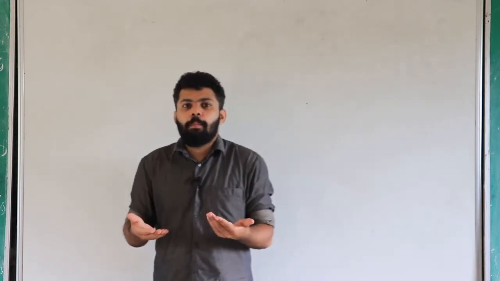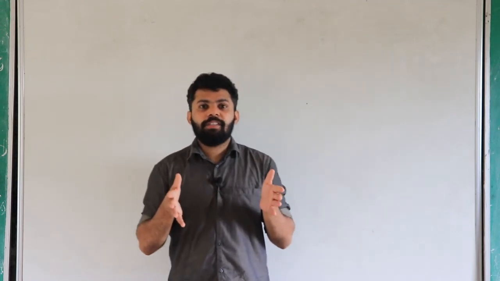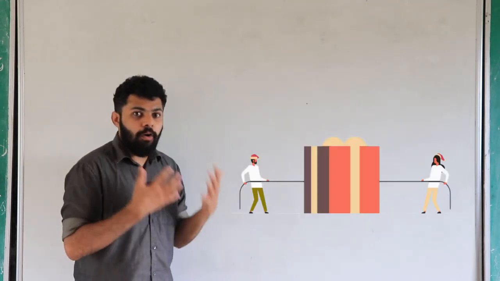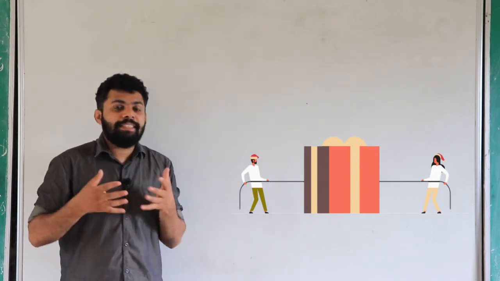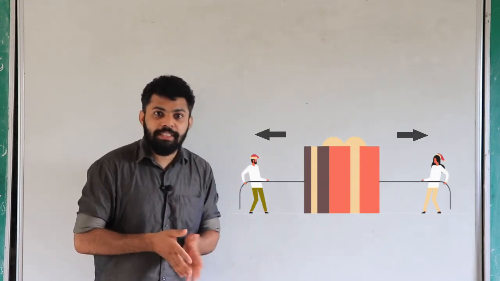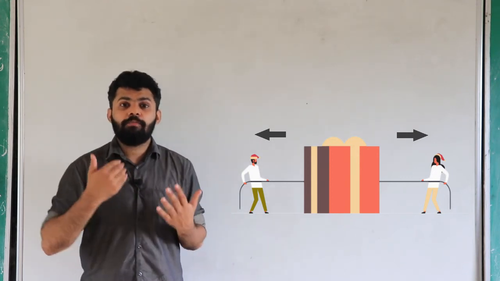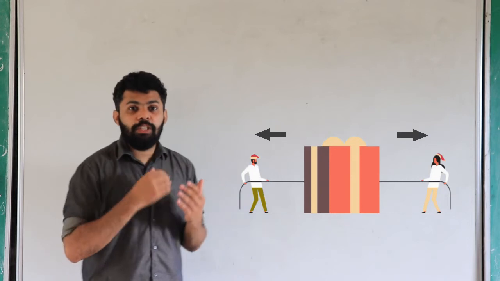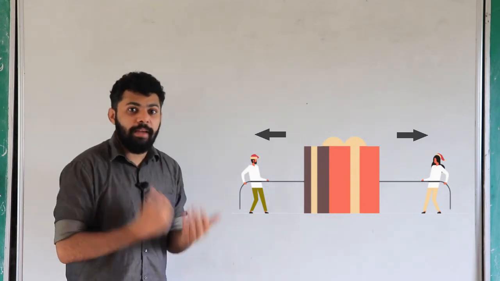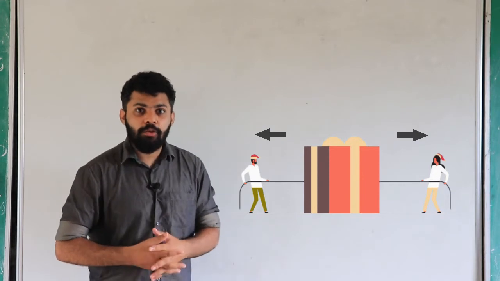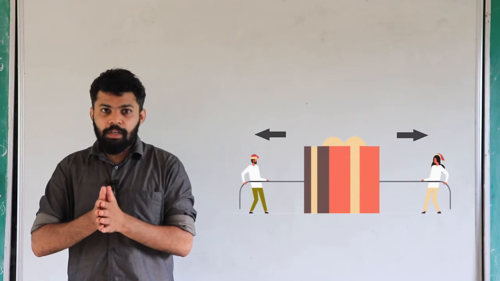Now if we have more than 2 forces, for example, if 2 persons are pulling one box from 2 different sides, you can say that there are 2 forces and these 2 forces are opposite to each other. One person is pushing the box from one side and another person is pushing the same box from the other side. So these 2 forces are acting opposite to each other.